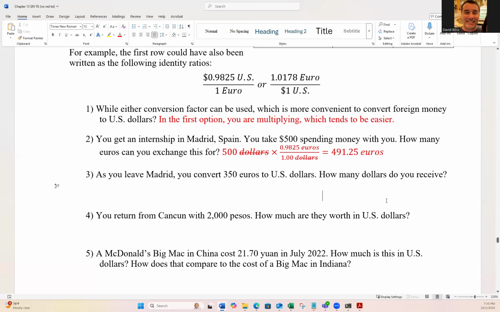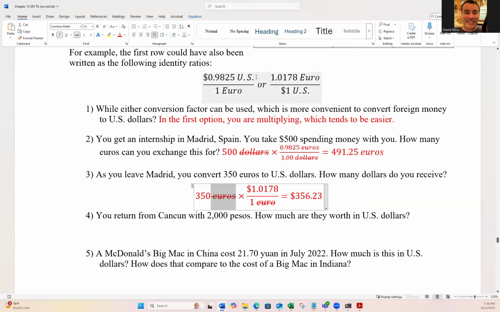All right, as you leave Madrid, you convert 350 euros to US dollars. How many dollars do you receive? You're going to use this one, but they flipped it because it just makes it a little easier to do that way, I guess. So euros cancel out.